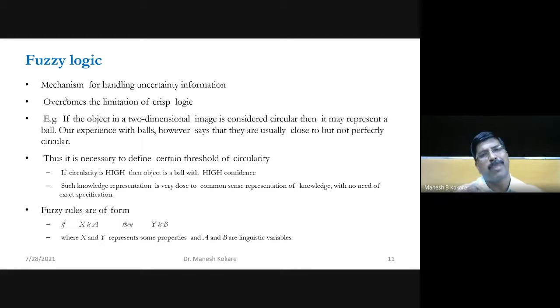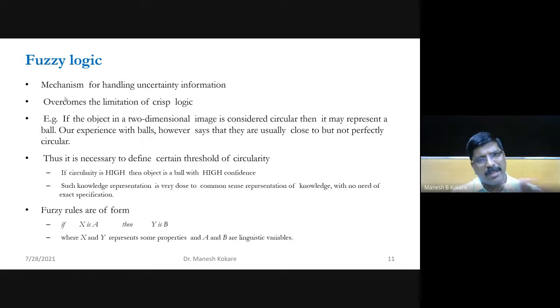For example, 0.95 truth value, or 95% truth, or 100% truth, or 98% truth, or 10% truth, or something like that. So between 0 and 1, there are infinite values proposed in fuzzy logic.